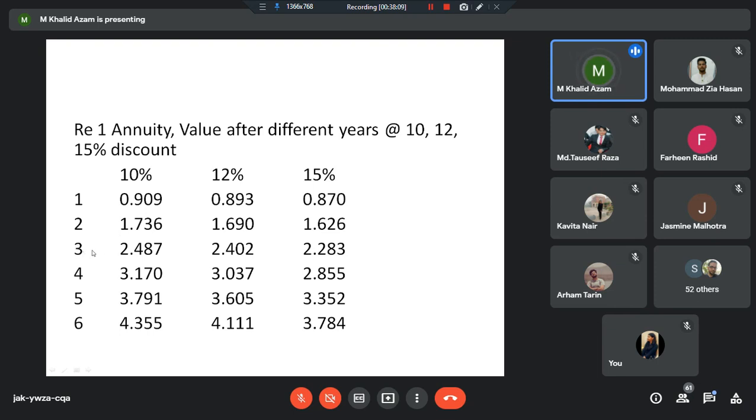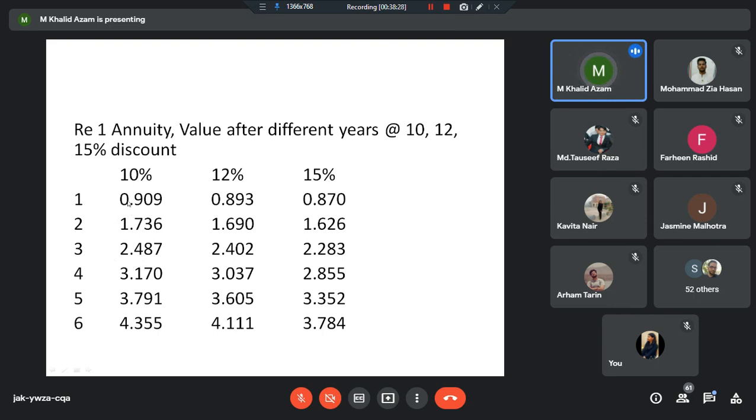You are getting 1 rupee more because it is an annuity. So 1 rupee in the first year, 1 rupee in the second year, 1 rupee in the third year. How much are you receiving? You are receiving 3 rupees. But at 10% rate of discount, this 3 rupees has become 2.487.